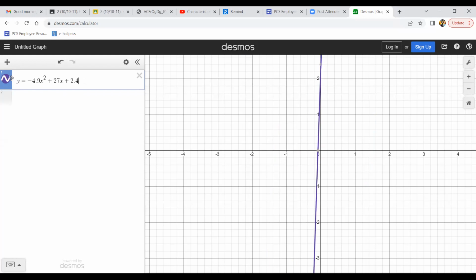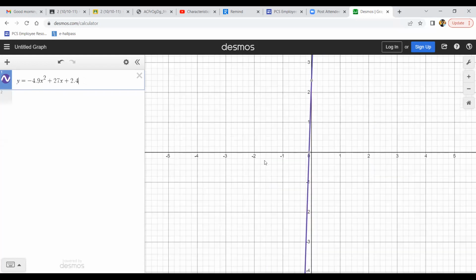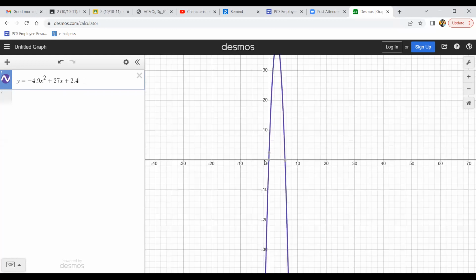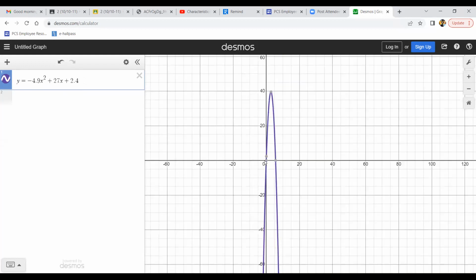I can't really see anything. Is that true for you guys also? You typed it, you can't really see it. I can zoom out, but even when I do that, this is not a very nice picture to look at. You guys see that also? Yeah, it's not great. Okay, so what we're gonna do on Desmos is everyone's gonna go to this part right here where it says edit list.